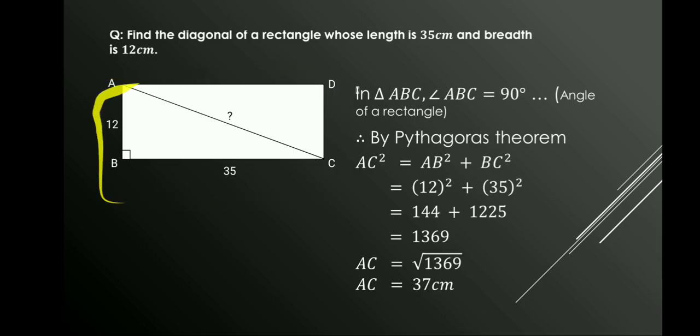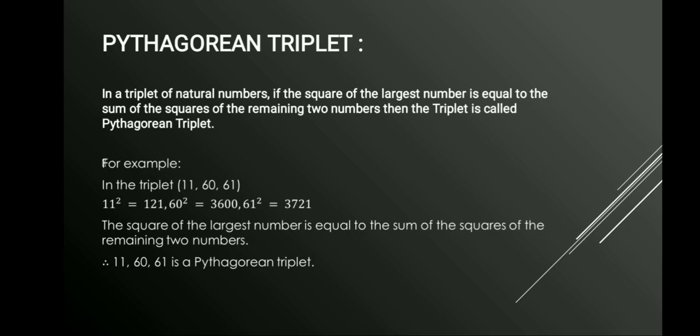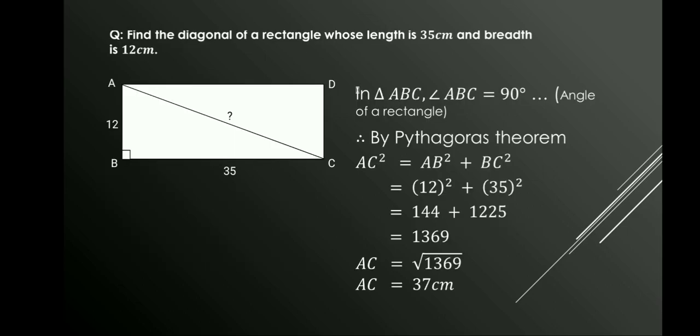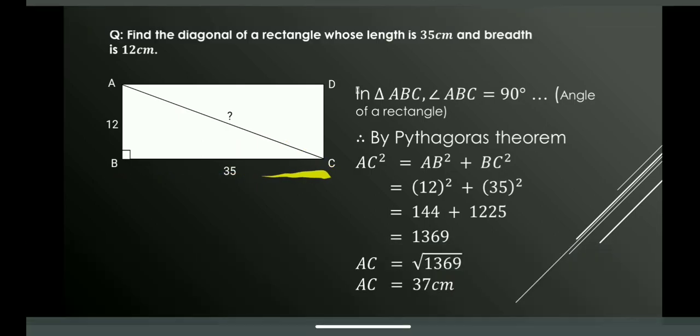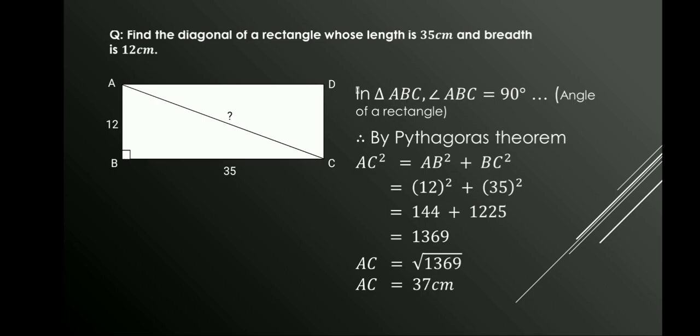This is rectangle ABCD. AC is the hypotenuse. AD and BC are the lengths of the rectangle, and AB and CD are the breadths of the rectangle.